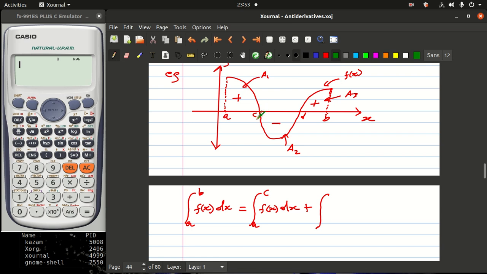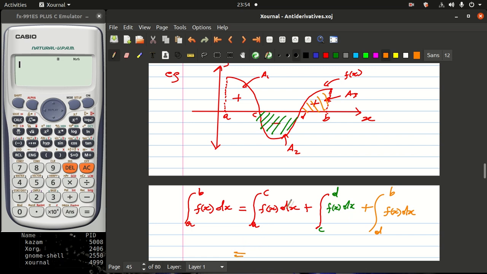Remember that this is the area we are focusing on, so we'll have a plus, and then of course you will still have f of x dx, but here we start at c and then end at d. And then from there we start looking at this region, which starts at d, and we move all the way to b of f of x dx. So that is basically what is going to happen here.